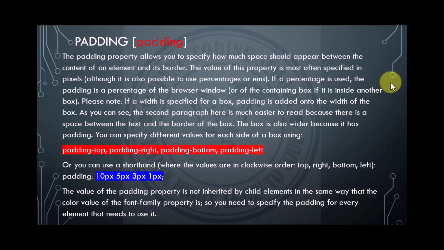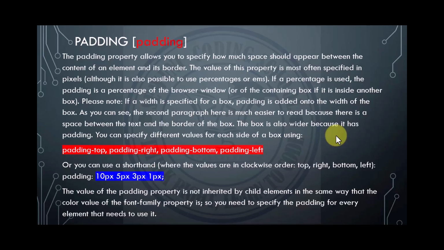So when you see padding as 10 pixels, 5, 3, and 1, this simply means this is the top, this is the right, this is the bottom, and this is the left. That is how to apply the padding. The value of the padding property is not inherited by the child element in the same way that the color value or the font family property is.